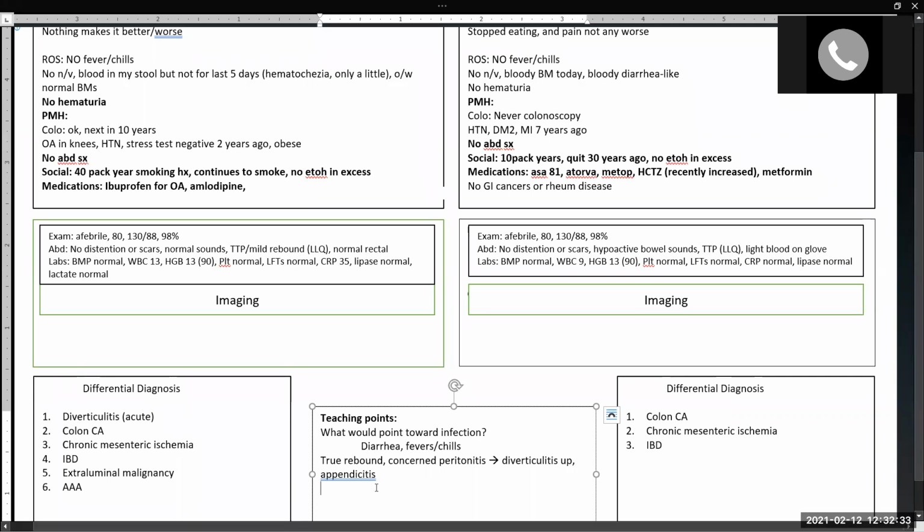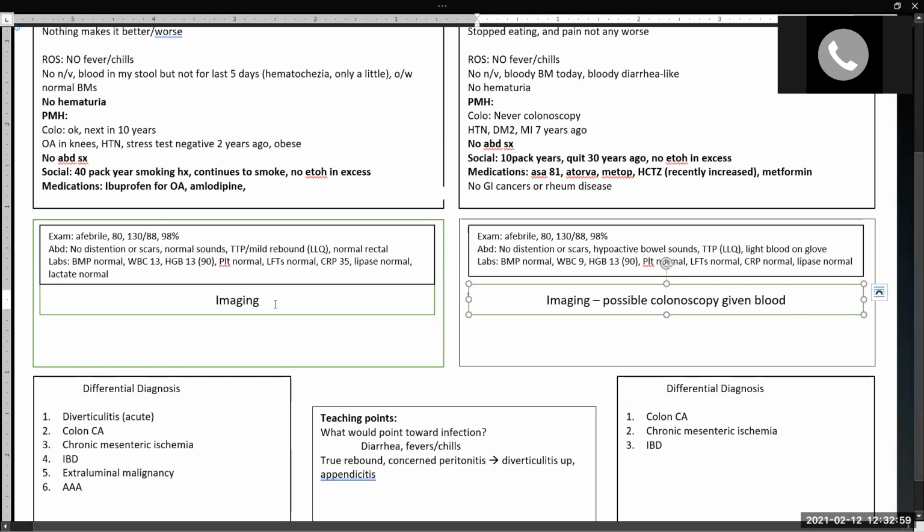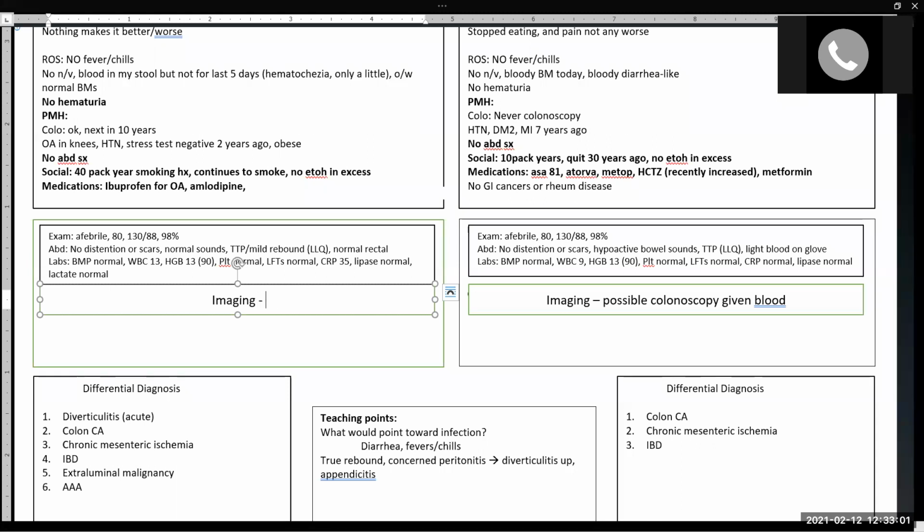So we'll consider that. What else? I'd like a CT abdomen pelvis with contrast. Well, on both, but definitely on the left. Yeah, it's already been done probably. Great. So we're having some jokes about how we definitely want a CT abdomen pelvis with contrast for both of these patients, and that pretty much 100% of the time the emergency department colleagues of ours will have done that for us, which is really helpful.